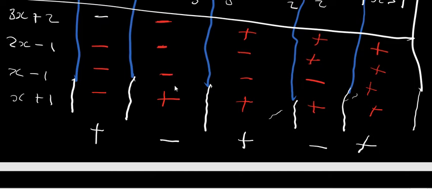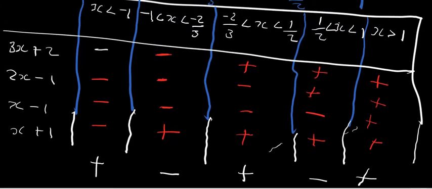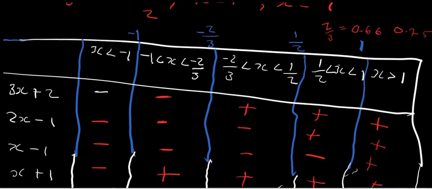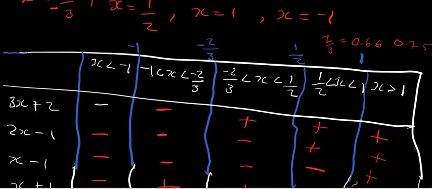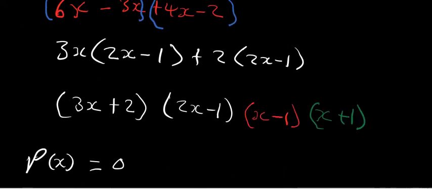Then after doing that, I need to compare these signs to my original expression. My original expression is somewhere up. What was the sign? From my original expression, the sign is less than.